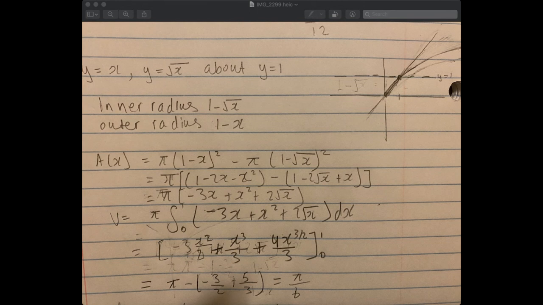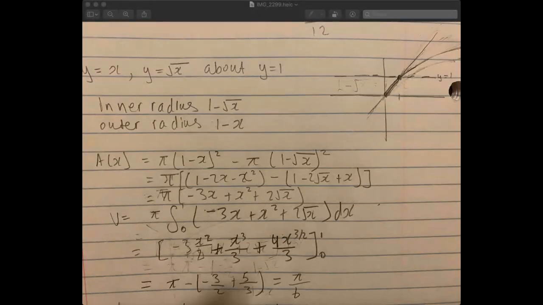Then you can talk about pi r squared of the outer. Basically like a cone around it. So y equals 1 is in the middle, and then you draw a 3D picture. It's going to be a cone-type 3D picture. Okay, all right.